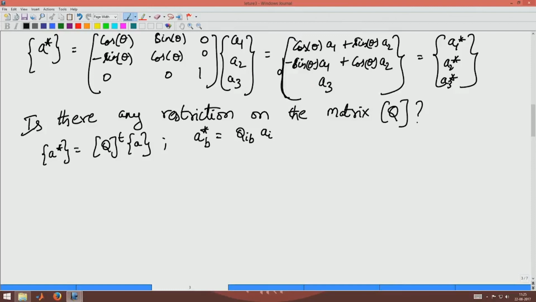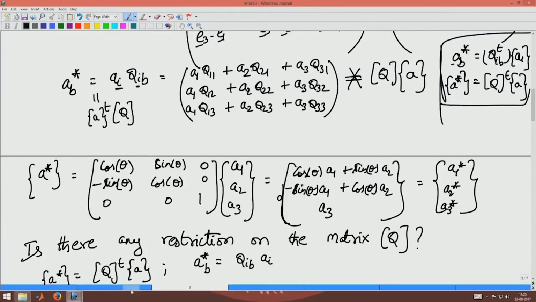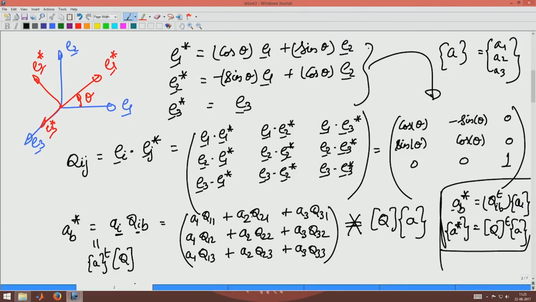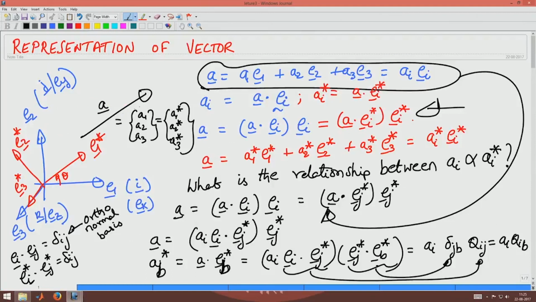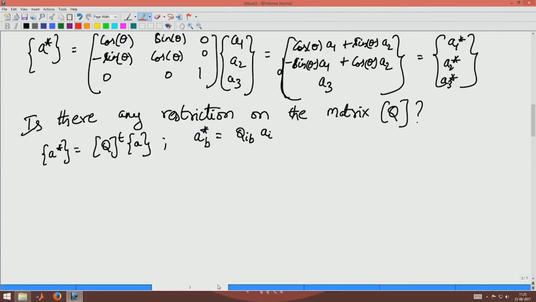what do we know? If A star also represents the same vector A, then the magnitude of this vector has to be the same. The magnitude of A should remain same, whether I represent it using A1, A2, A3 or A1 star, A2 star, A3 star. Okay.